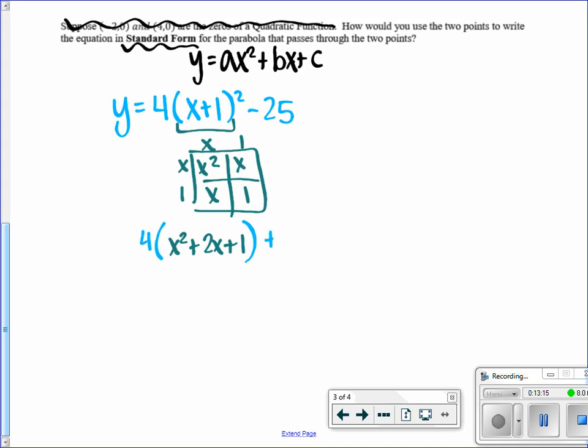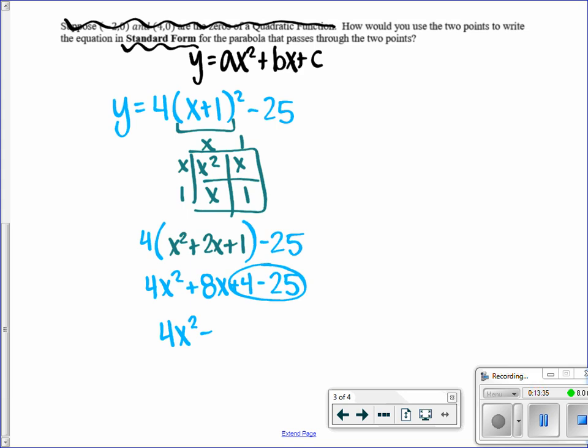We still have a minus 25 in the back part. Now we distribute the 4 in front, so 4x squared plus 8x plus 4, and then minus 25. And then our last step would be combine those. So 4x squared plus 8x, and then minus 21.